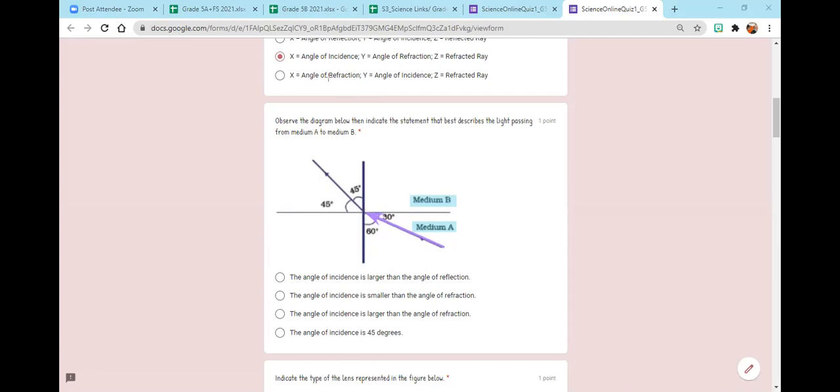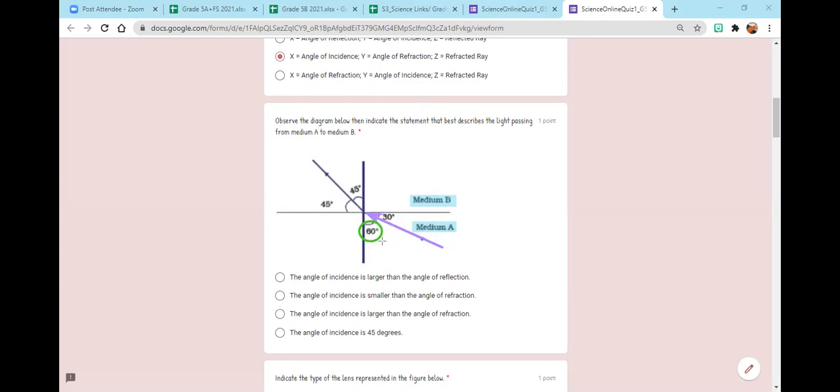What's the measure of the angle of incidence? Here is the incident ray. What's the measure of the angle of incidence? 60. This is the angle of incidence.